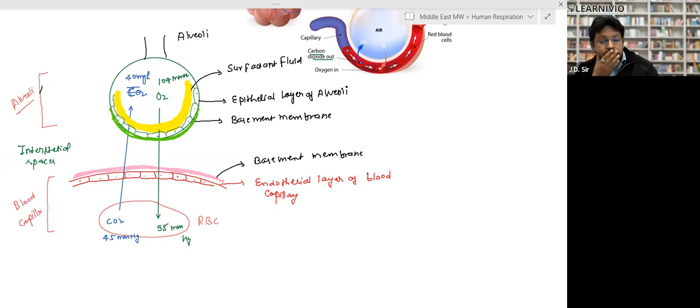The partial pressure of carbon dioxide, CO2, is 45 mmHg in RBC, and it is 40 mmHg in alveoli.